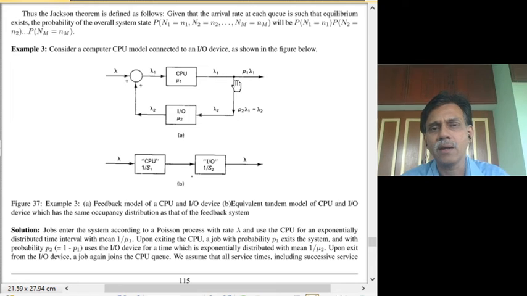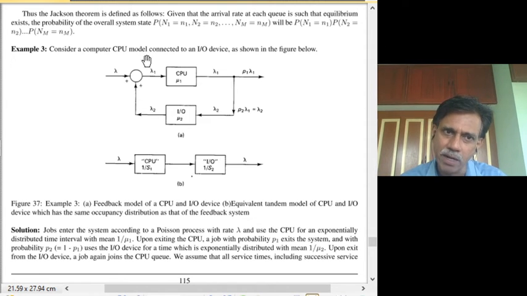Let us assume that jobs which complete the CPU cycle leave the system with a probability P1, and with a probability P2, which obviously is equal to 1 minus P1, go to I/O. On completing I/O, again it enters the CPU.